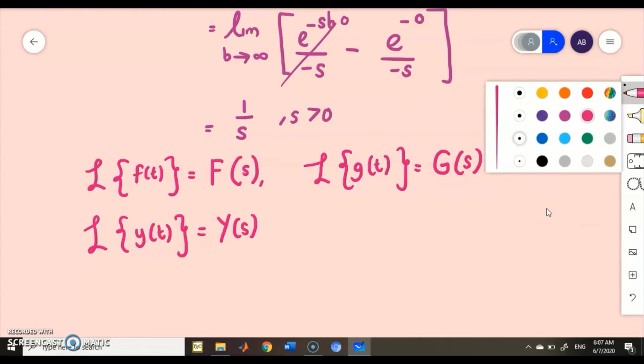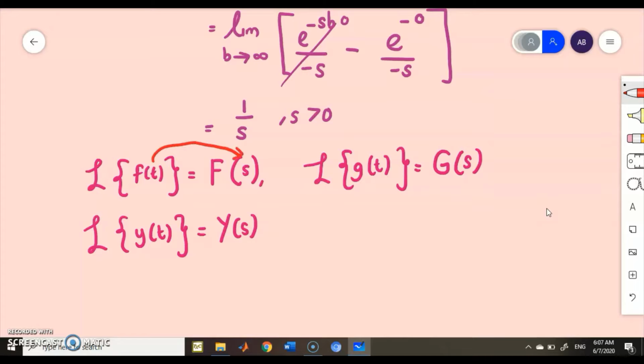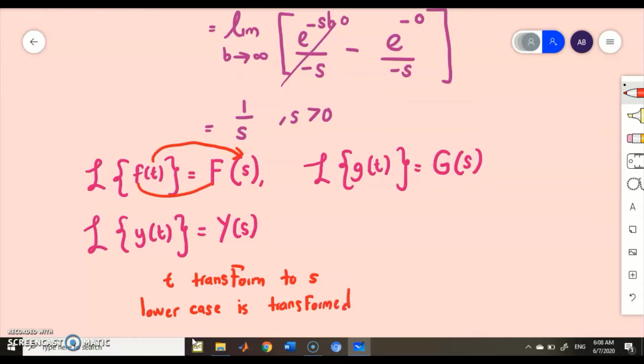What can you see in common? t transforms to s, and the lowercase function is transformed to the uppercase in all cases when Laplace is used.